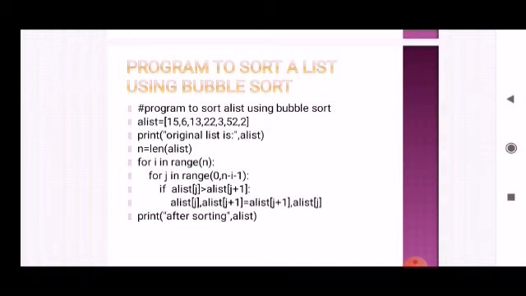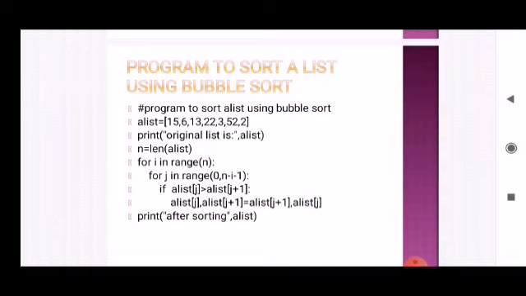Here I have used two nested loops. I in range of n means I have to take all elements, and j in range from 0 to n minus i minus 1. It means that in this case, with the help of this loop, the largest element will be fixed.